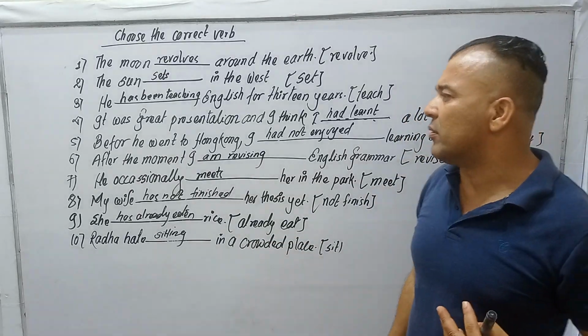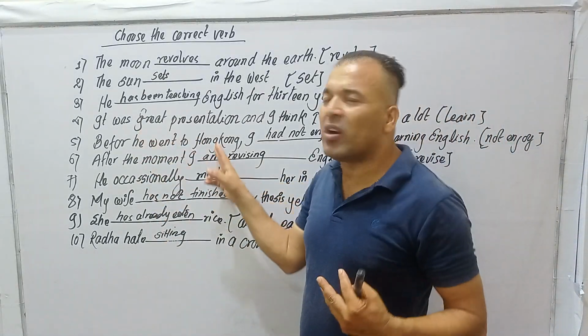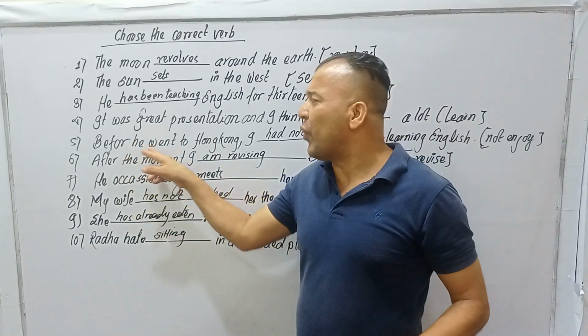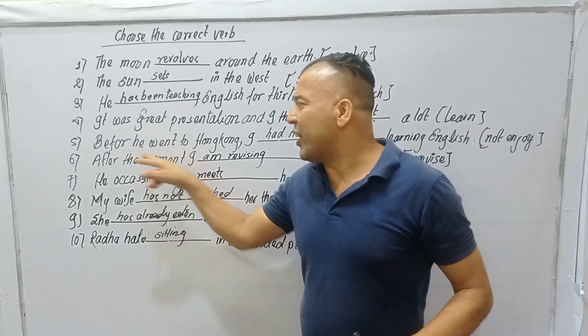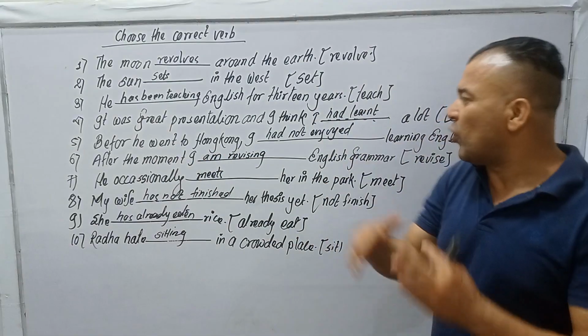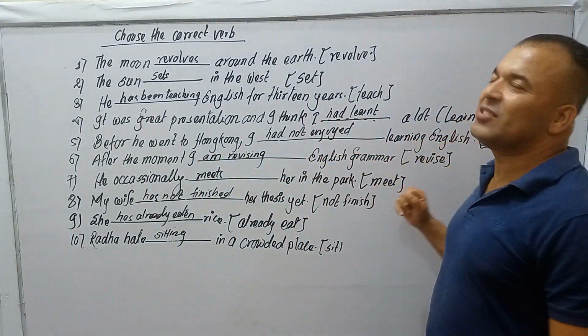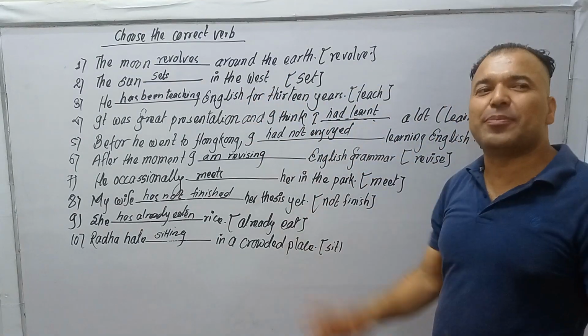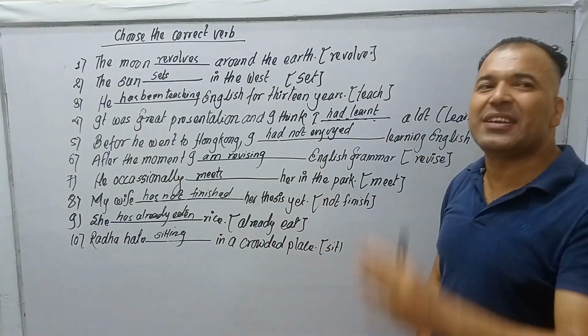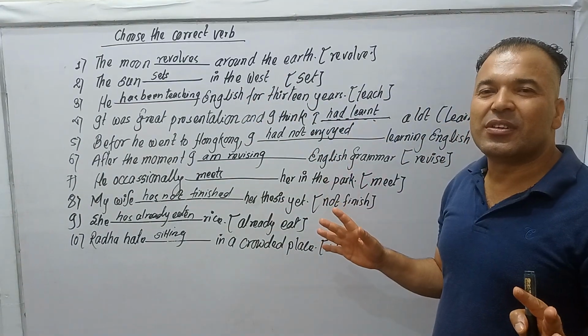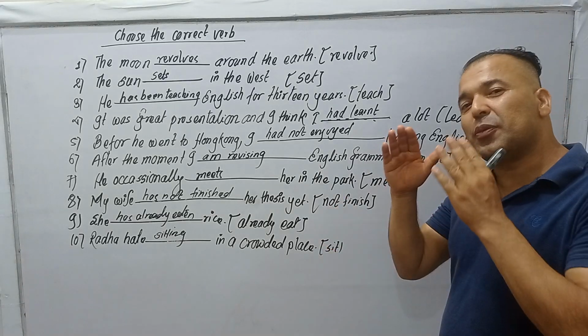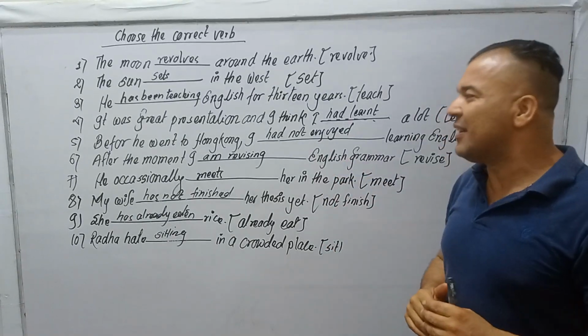Understand? Very excellent. Before he went to Hong Kong, this is connected in the past. This is the condition. I had not enjoyed learning English. I completed the English, but I had not enjoyed it. It was boring for me.